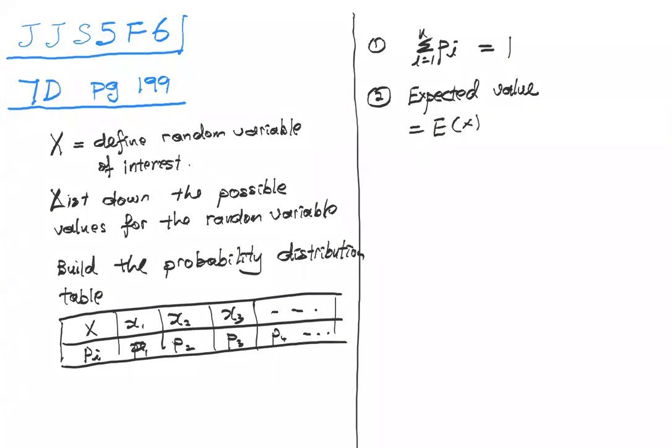And this one means the mean. You can use your GC if you can, but in some cases you can't, so you have to use this formula. Third, you are going to find the standard deviation.